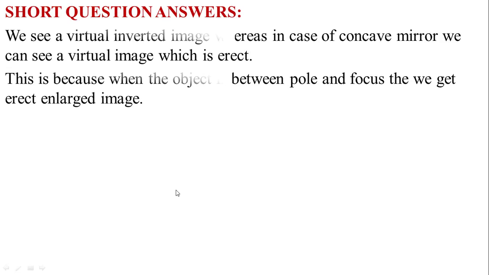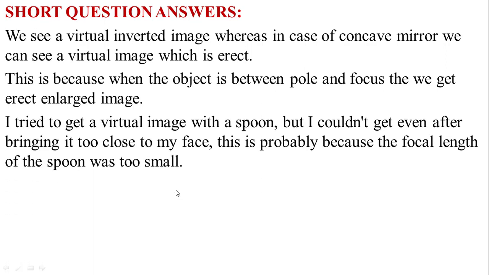We can write that we see a virtual and inverted image, whereas in the case of a concave mirror we can see a virtual image which is erect. This is because when an object is between the pole and focus, we get an erect and enlarged image.